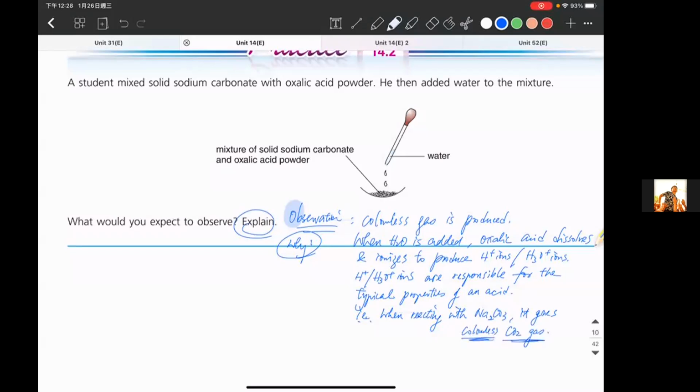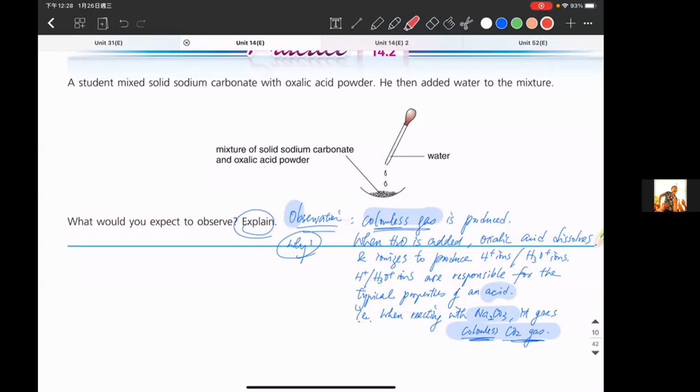Okay, so you are going to match the colorless gas to the formation of CO2 gas. You know that it is an acid, and it reacts with the sodium carbonate. But why would it have such a reaction?